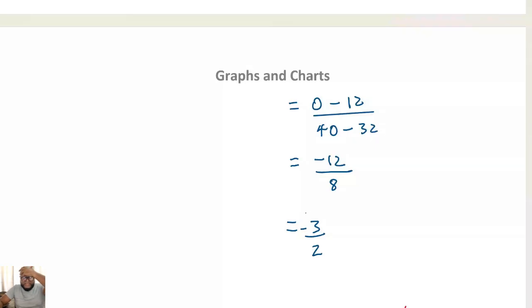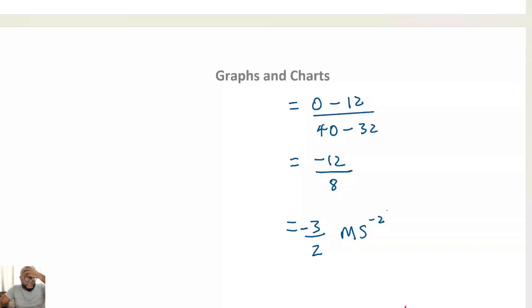So it'll be negative 3 over 2. Right? Negative 3 over 2. And this will be meters per second to the negative 2 power, which is your acceleration.